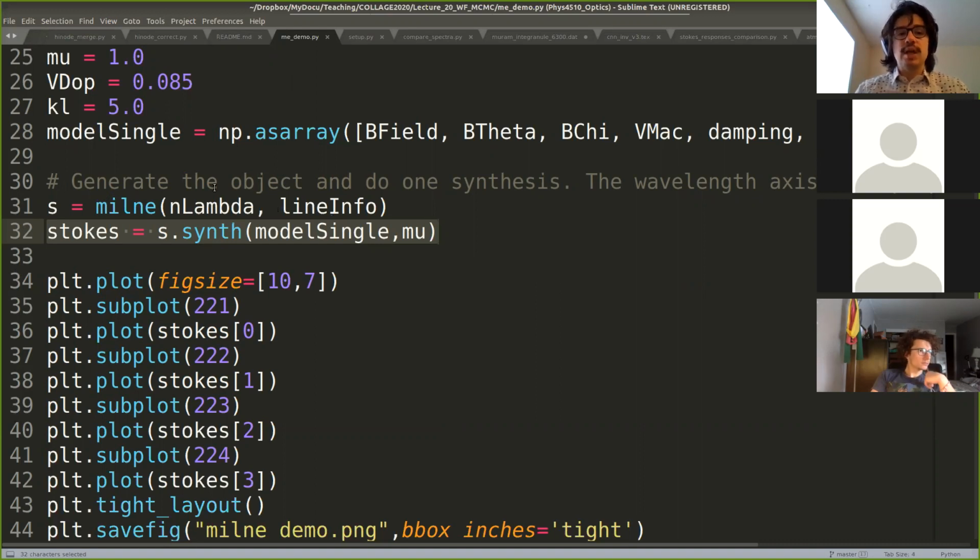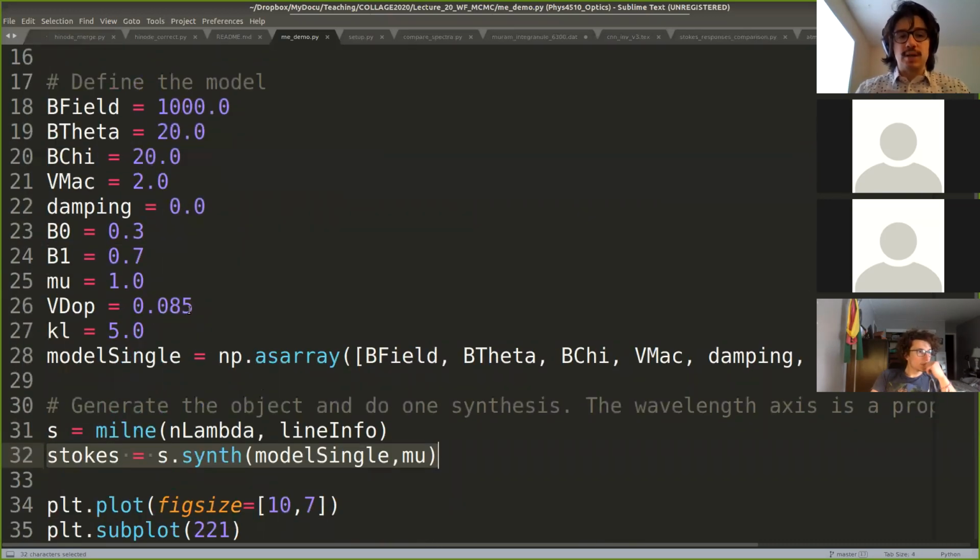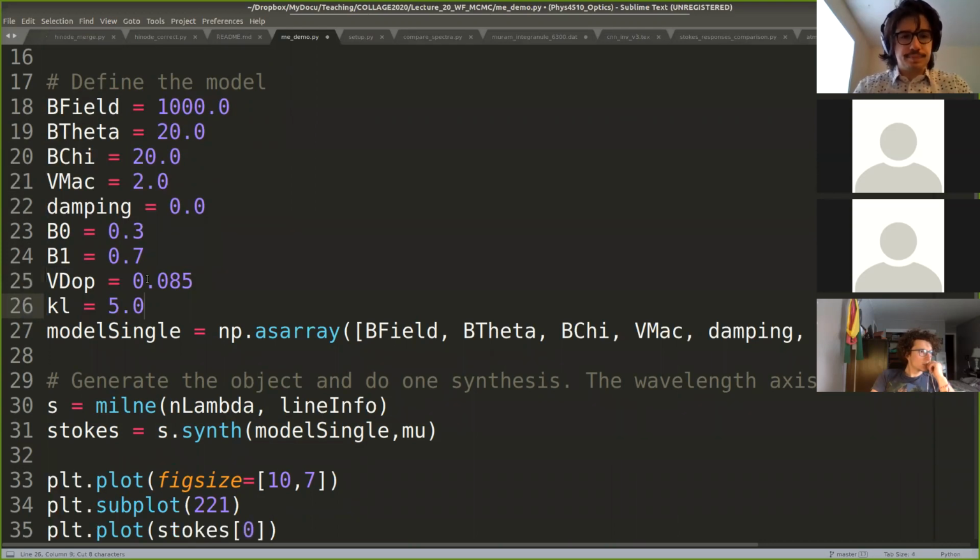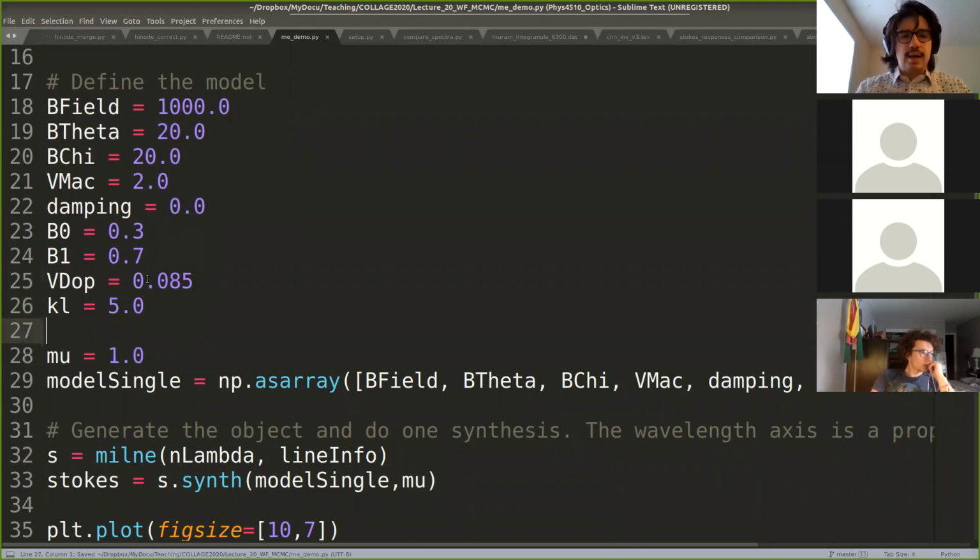So in this case, we have many more free parameters. In principle, all of these, except mu. Mu is determined by our observations. All these are the parameters that we fit for. And now we don't have only one measure.